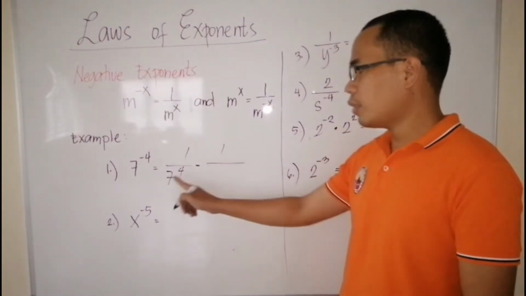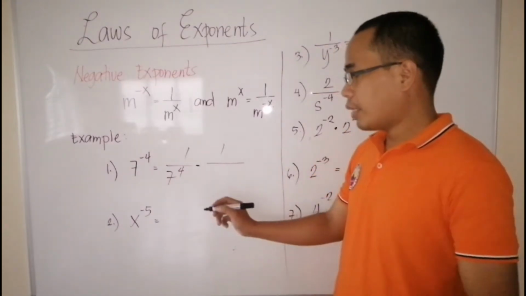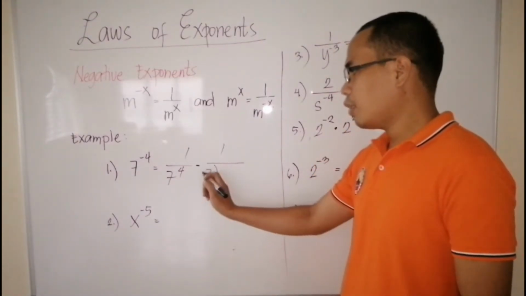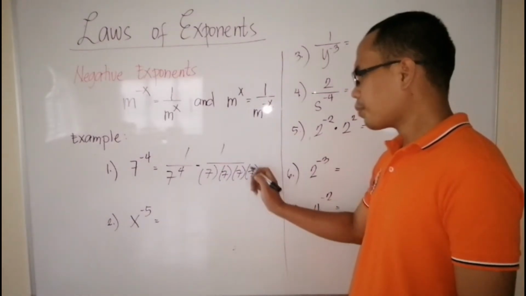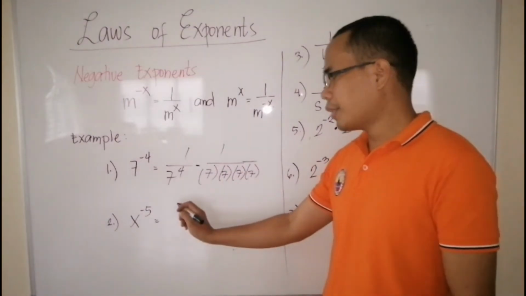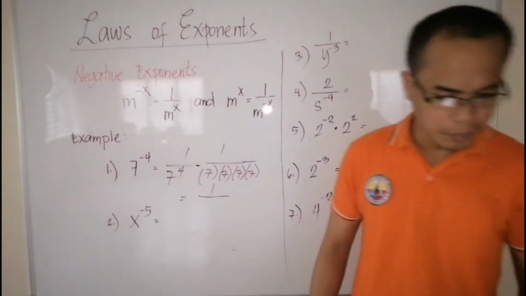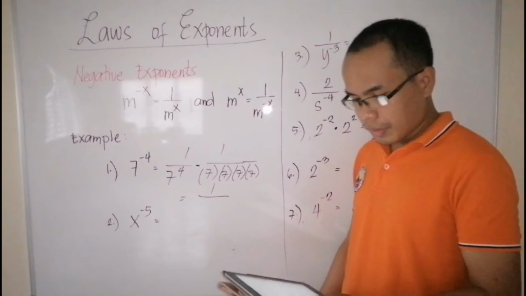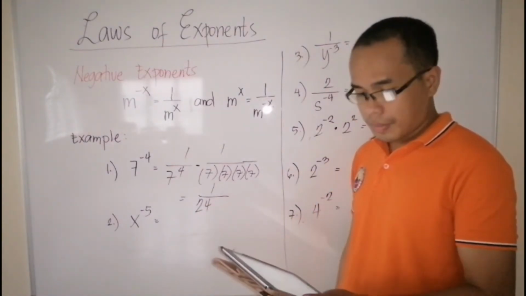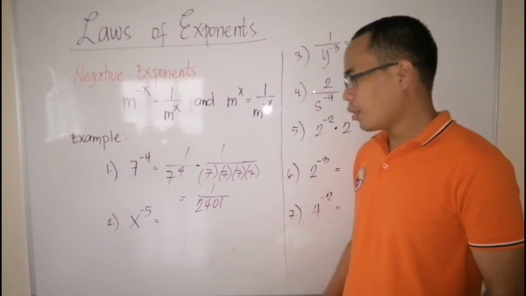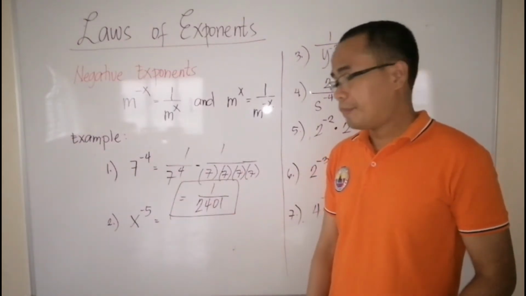So magiging 1, then mumultiply na siya ng 4 na beses. So 7 times 7 times 7 times 7. So our final answer is 1 over, using calculator, 2,401. Okay? So, ito yung sagot natin for number 1.